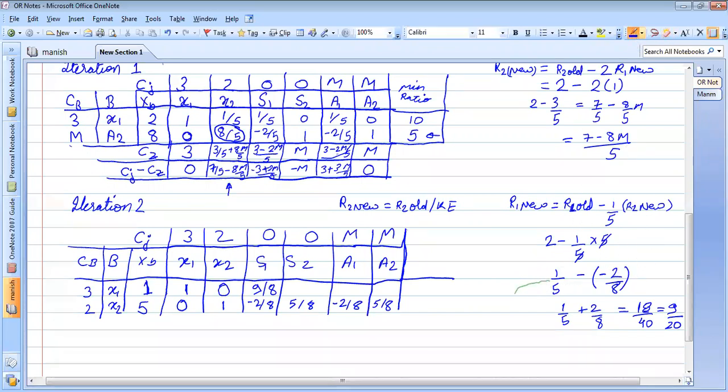I'm getting the final answer 5 by 20. 2 by 8 is 1 by 4, correct. So here also we can write minus 1 by 4.